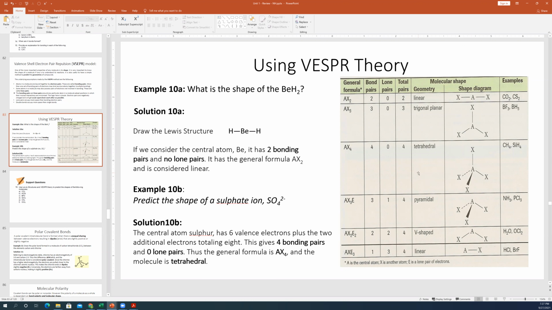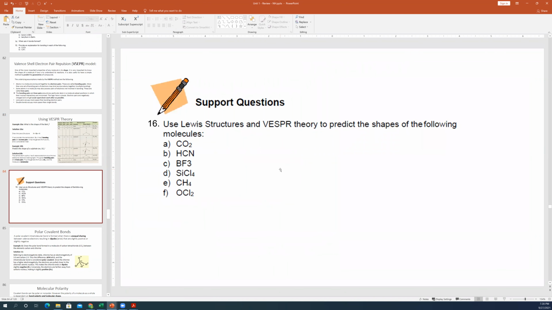Yeah, but A, B, and C were easy. Literally the shapes were right in front of them. But about D, I can see it. SiCl4. What is that? Okay, let's go here. Can we go over that? Yeah, silicon chloride.